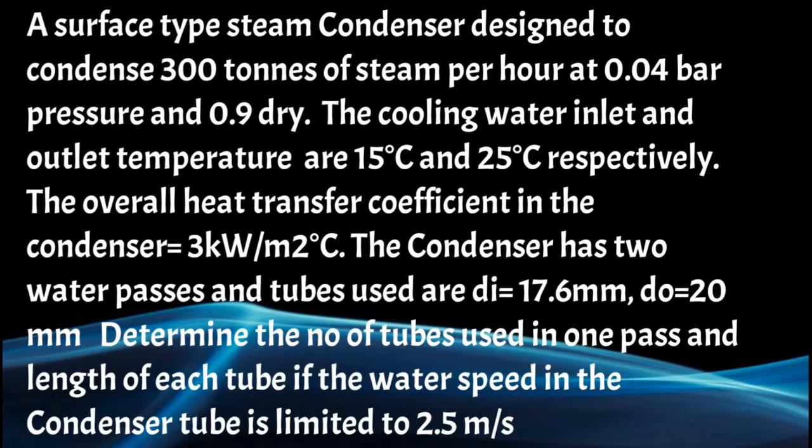The condenser has two water passes and tubes used are DI, that is inside diameter 17.6 mm, and DO, that is outside diameter 20 mm. Determine the number of tubes used in one pass and length of each tube if the water speed in the condenser tube is limited to 2.5 meter per second. So this was the given question.